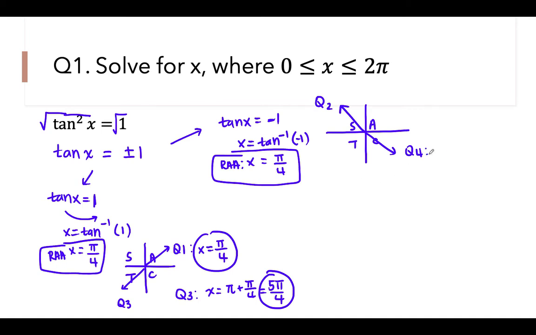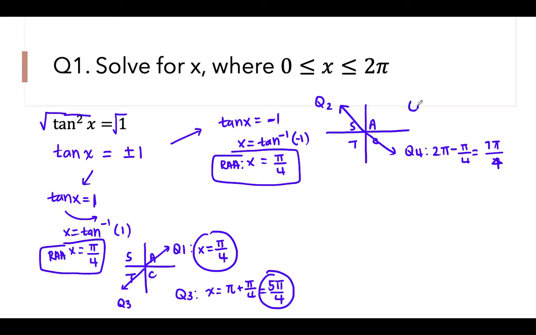So let's start with quadrant 4. The formula is 2 pi minus theta, which is pi over 4. 2 times 4 is 8, 8 minus 1 pi, so it's 7 pi over 4.